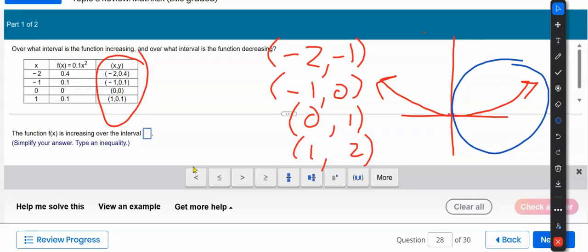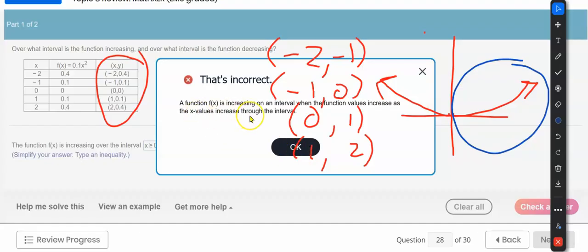I don't like that for this one because I want you guys to get used to interval notation, but for this blue circled area over here, are we going to use greater than or equal to 0? Okay, so x is greater than or equal to 0. Since they said type in inequality, that's what we want.